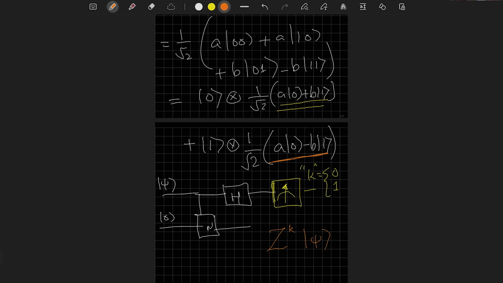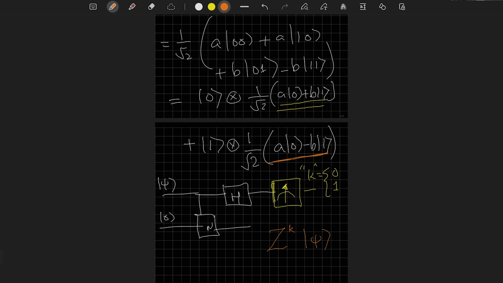Now let's try to modify the circuit a little bit. You do know how to implement a control NOT gate. A control NOT gate is really a control phase gate followed by Hadamard gates on the target, before and after. I think I mentioned this in the first class.